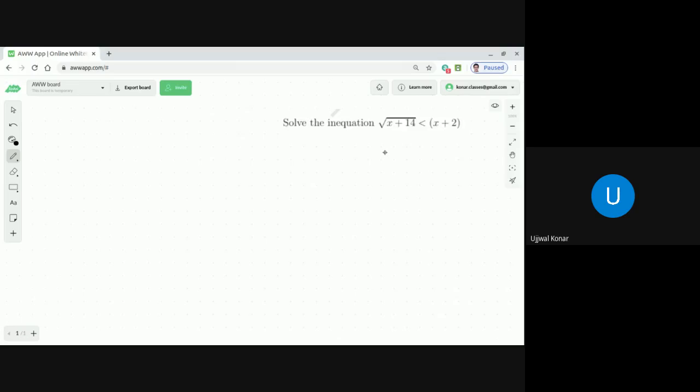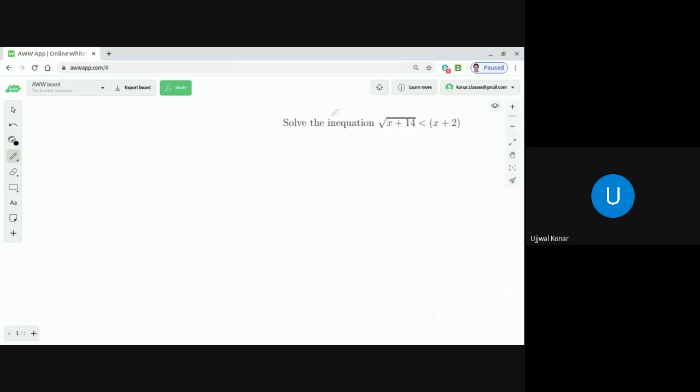So, let us look into this particular inequation: square root of x plus 14 is less than x plus 2. Now, while solving this inequation, we need to follow a guideline. You first learn that guideline, and once you understand that it makes sense, you will find it so easy to solve this kind of inequalities.